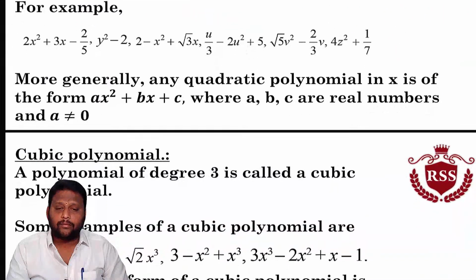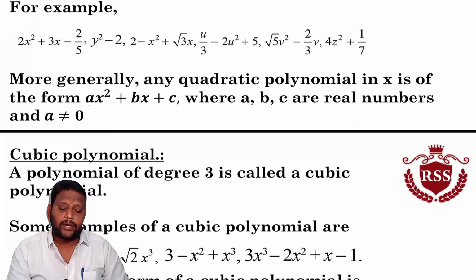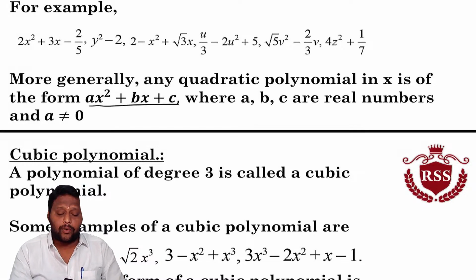Got it? ax square plus bx plus c is the general form of a quadratic polynomial.